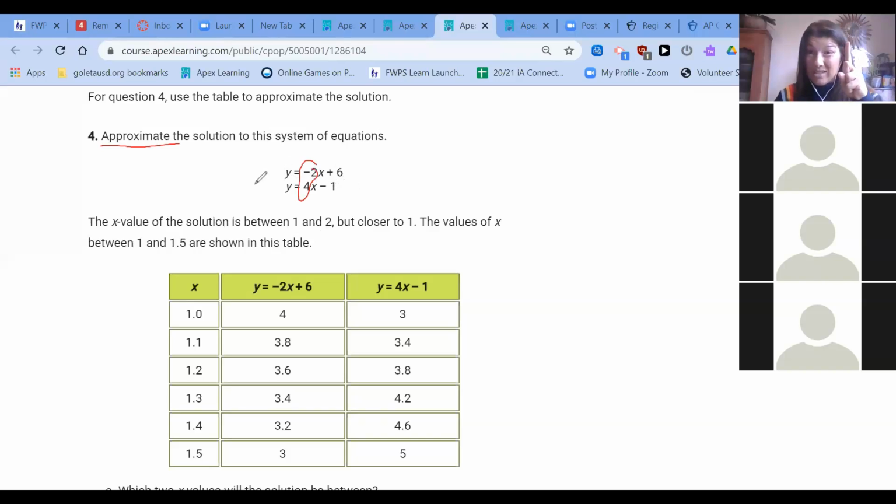That means they're going to have one solution. They're going to intersect one time. All right. So how could we tell using our table of values? Notice we don't have a graph. How can we tell where our two lines are going to intersect? Does anybody have an idea they'd like to share?